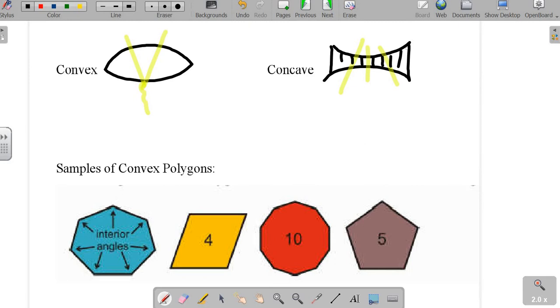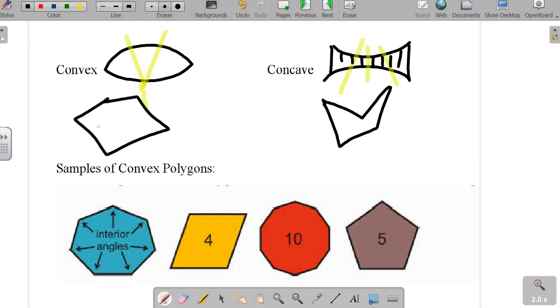In polygons, a concave polygon would be something like this. 1, 2, 3, 4, 5. 1, 2, 3, 4, 5. Both of these are pentagons. But convex means all the diagonals of the shape, any corners that you could possibly connect anywhere, are going to be inside the shape.